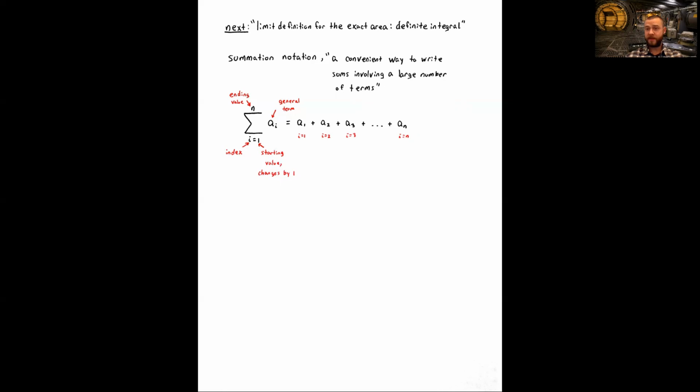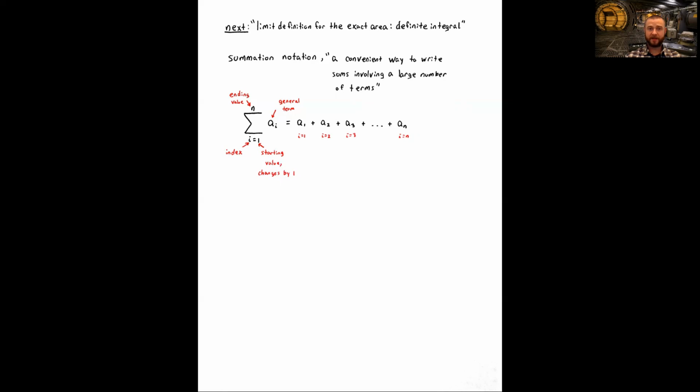Now this is all maybe new, but what does this really mean? We just start this general term with index value 1. In that expression for the general term, some sort of formula, we replace anywhere there's the index, in this case i, first with the value 1. Here it's only in the subscript, so we get a sub 1.